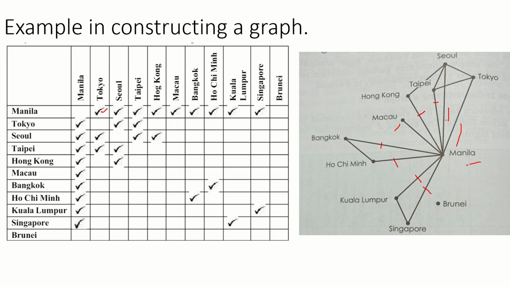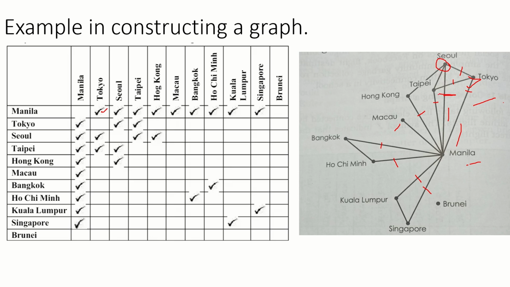Next, we have Tokyo. Here at the top, Tokyo has direct flights to Manila. So we have this one to Seoul. So that's why we have this connection, and then to Taipei. Next city, we have Seoul. Seoul has a direct flight to Manila. So we have this one.